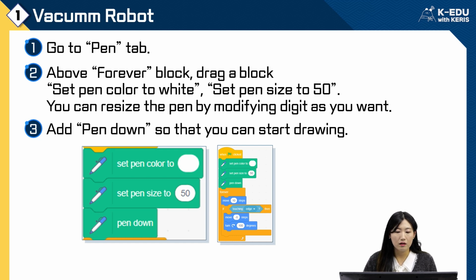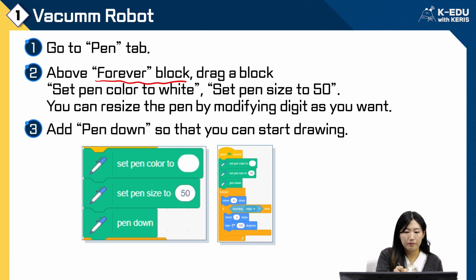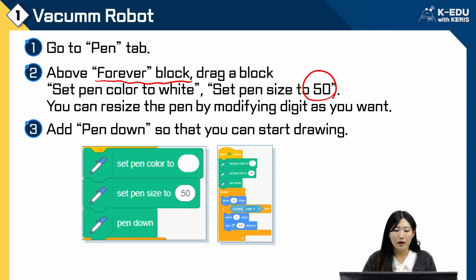Second, above the Forever block, drag a block which is Set Pen Color to white and Set Pen Size to 50. You can resize the pen by modifying the number as you want. I chose 50, but you can change this number as you want.